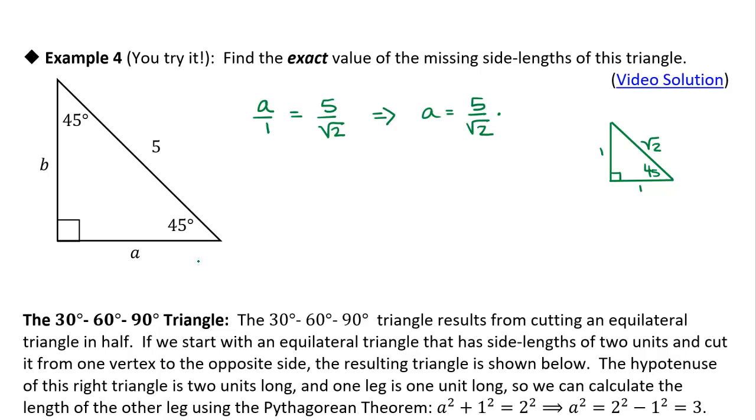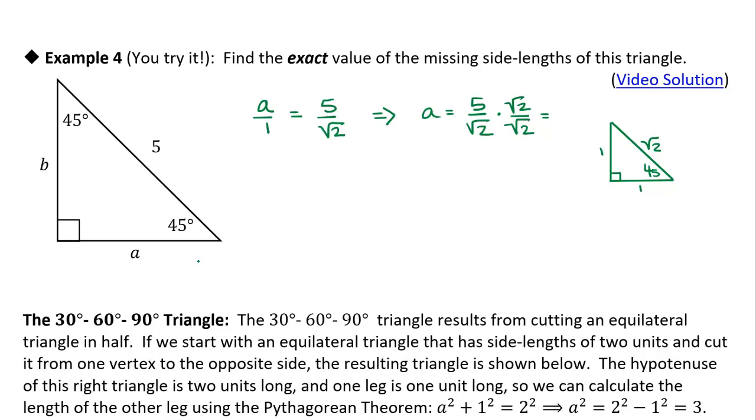To do that, we're just going to create an equivalent fraction, which means that we can multiply by 1, and we're going to choose a 1 that allows us to rationalize the denominator. If I take square root of 2 times the square root of 2, I'm going to get 2.